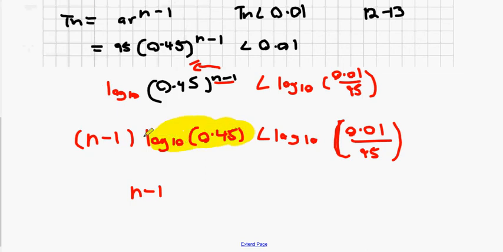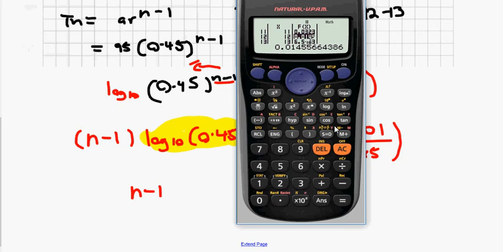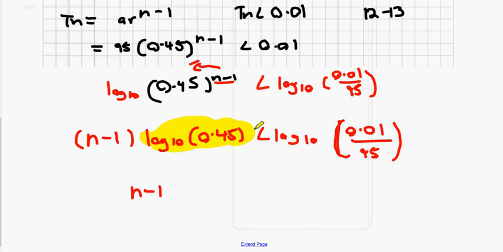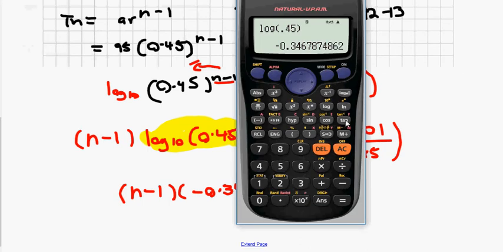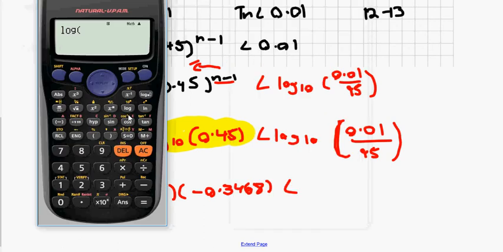Okay, so log 0.45 actually turns out to be negative, okay? So log 0.45 is minus 0.3468, and n minus 1 times minus 0.3468 is less than, and we do this one here as well, log of 0.01 divided by 95.